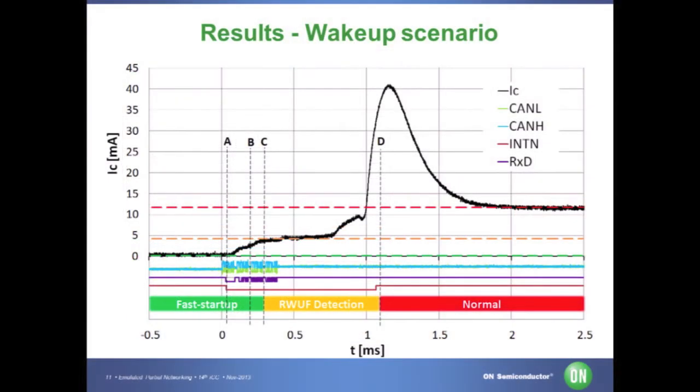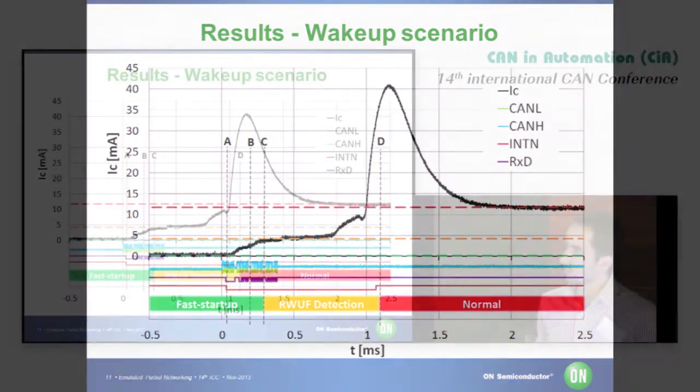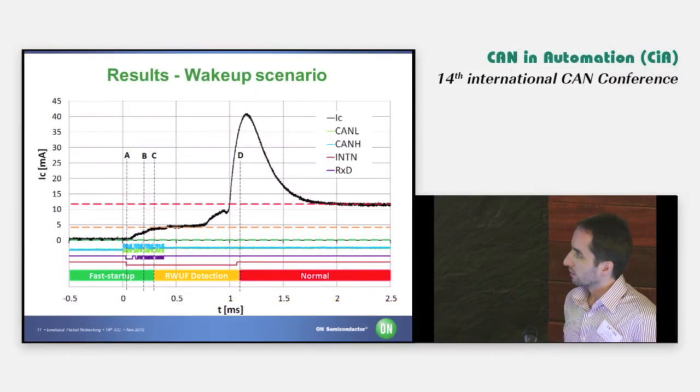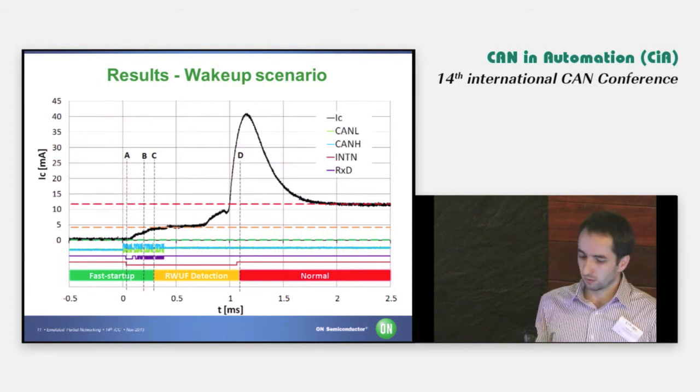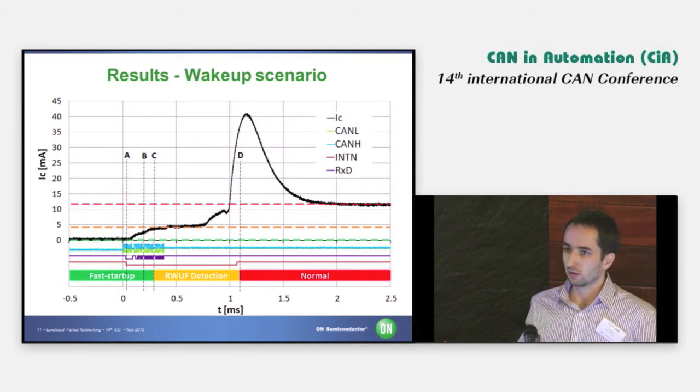The current peak which you see there is because we are starting the PLL inside the microcontroller, and it proceeds to normal mode when it can run at full performance. You can see that 4 frames are enough, so the startup is very fast, and the time from the first wake-up pattern to the first effective instruction processed by the microcontroller is about 2 milliseconds.